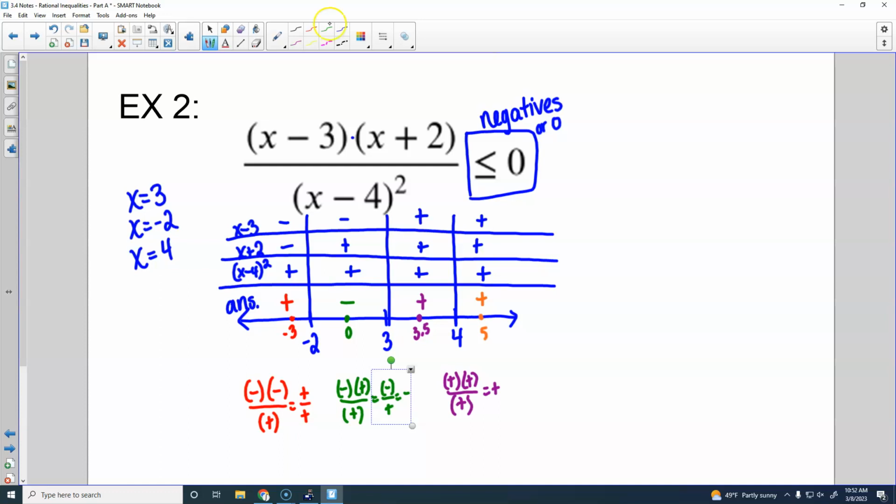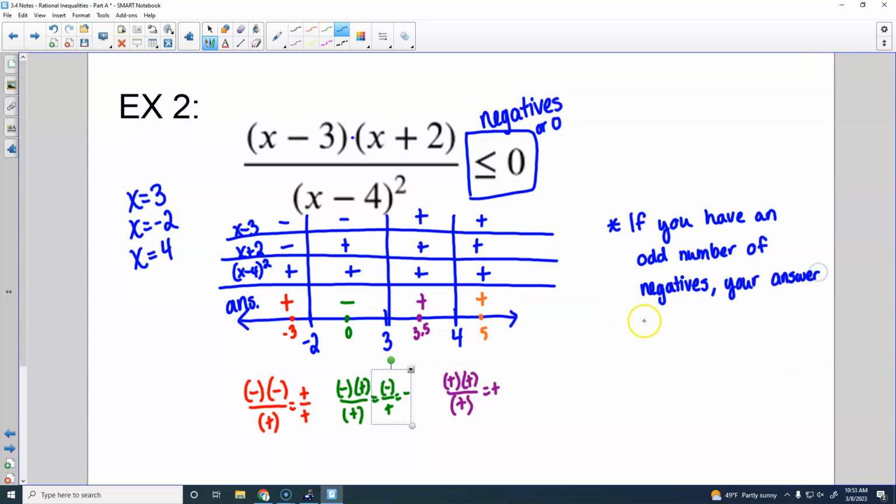Okay. Now, a trick that makes this even quicker is if you have an odd number of negatives, your answer will be negative.